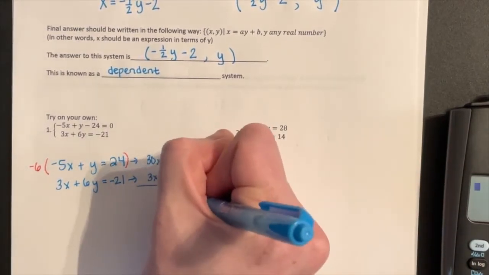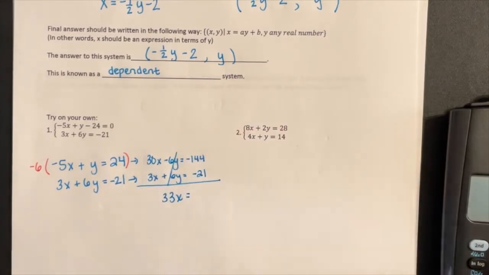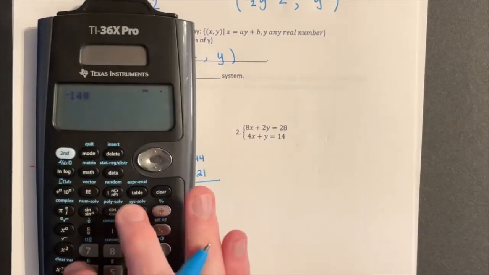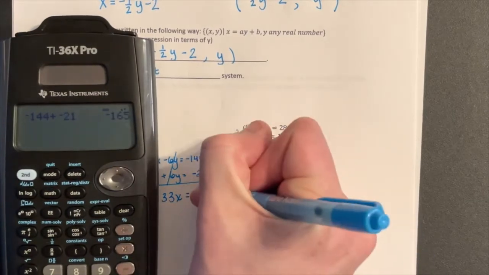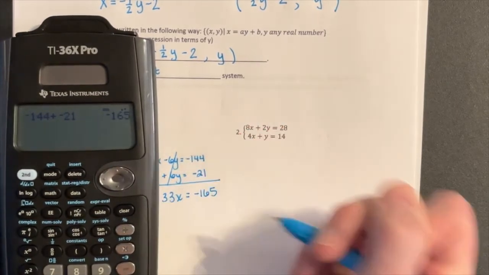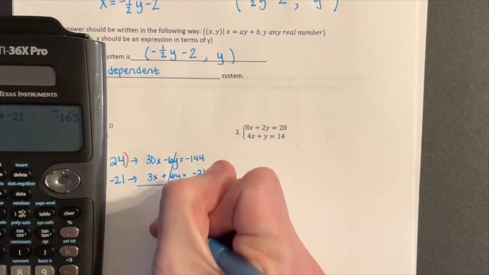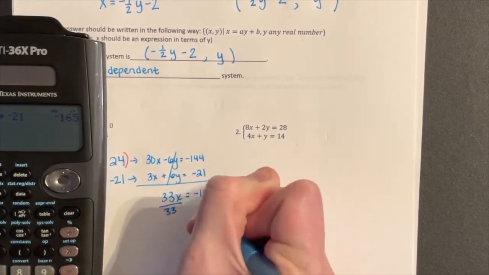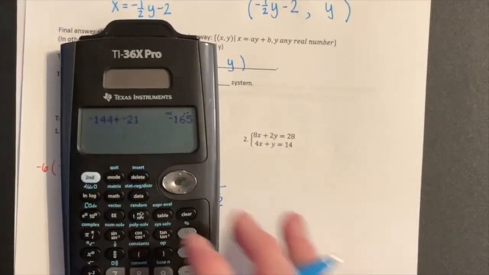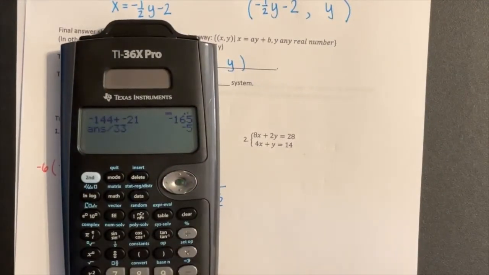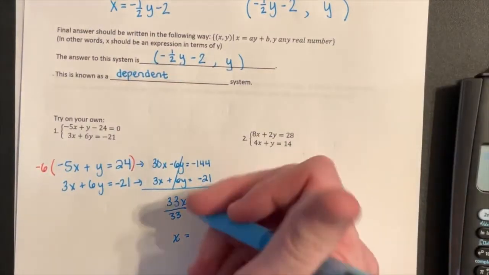We got 33x, -144 plus a -21 is -165. We take that and divide by 33, and we get -5 for x.